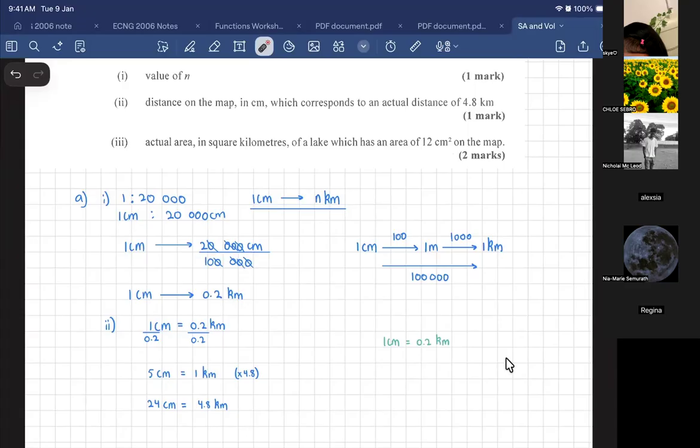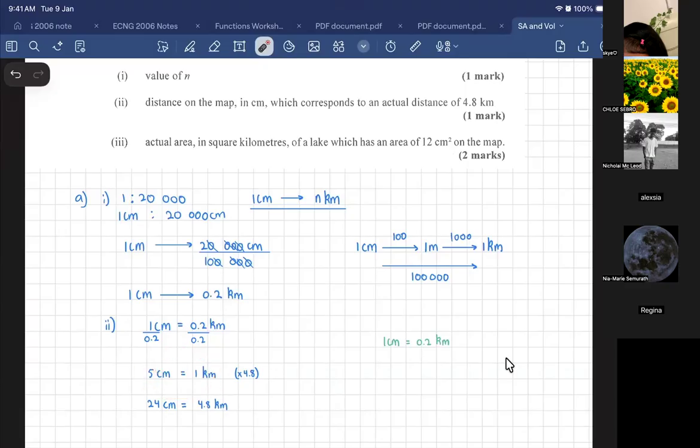What distance on the map is 1 kilometer in real life? No. 5 centimeters on the map actually represents 1 kilometer in real life. So then you could just scale this up to figure out for any distance.